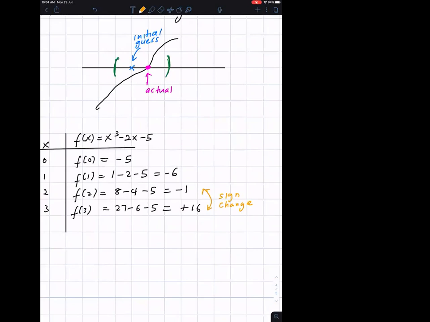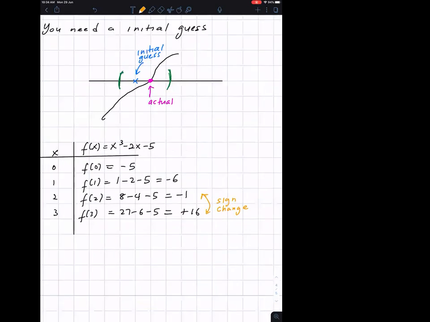A change of sign means the curve moved from one side to the other, crossing the x-axis. So you have a root in that interval.